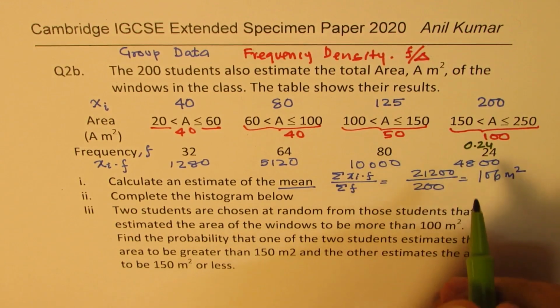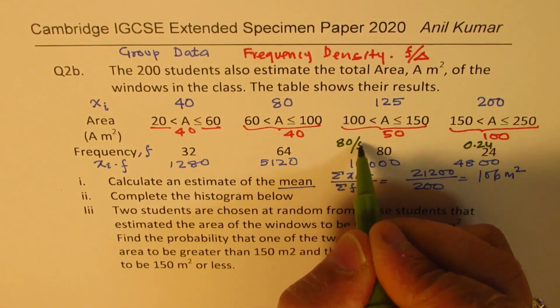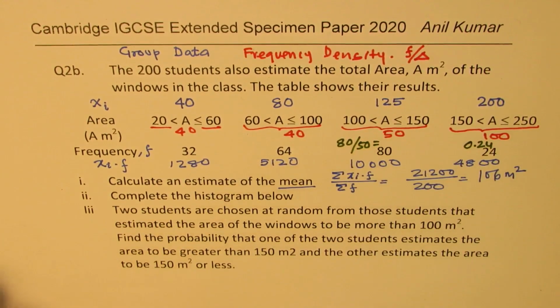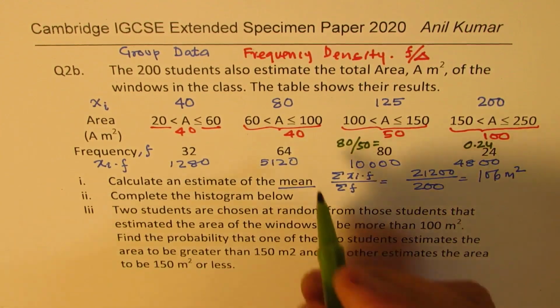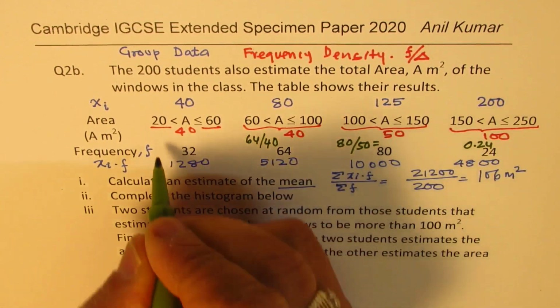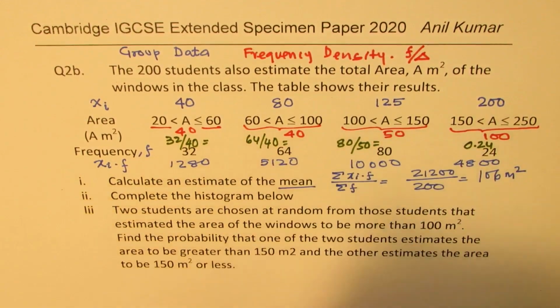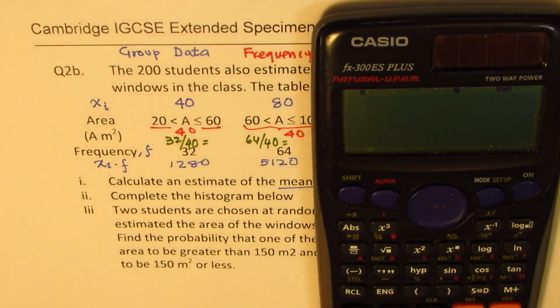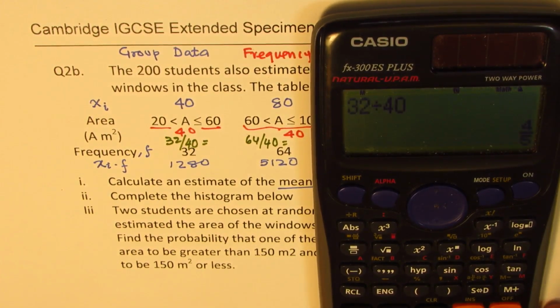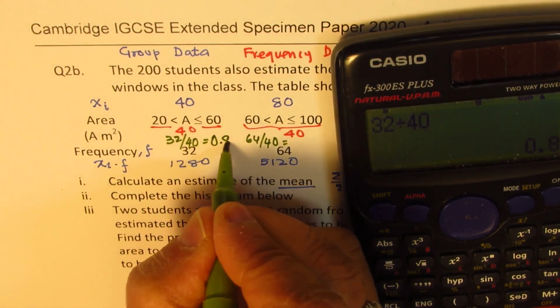So what are we doing? We are actually dividing 80 by 50, correct? That is how we are going to calculate. And in this case, it will be 64 divided by 40. Here it will be 32 divided by 40 to get the density, right? So let's calculate. 32 divided by 40 gives us 4 over 5, which in decimals is 0.8.